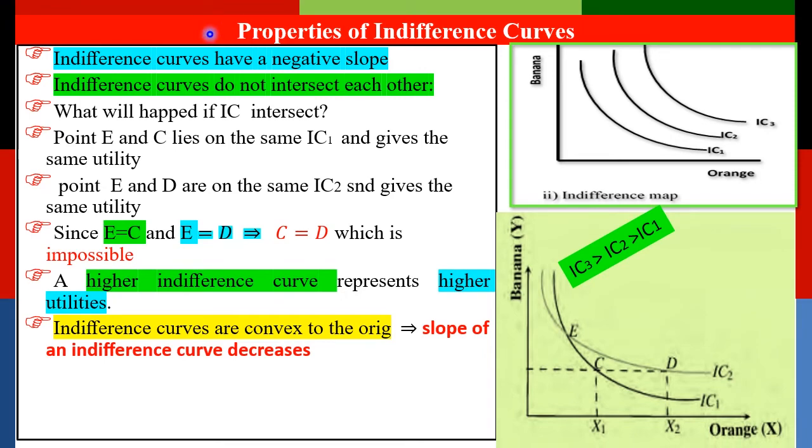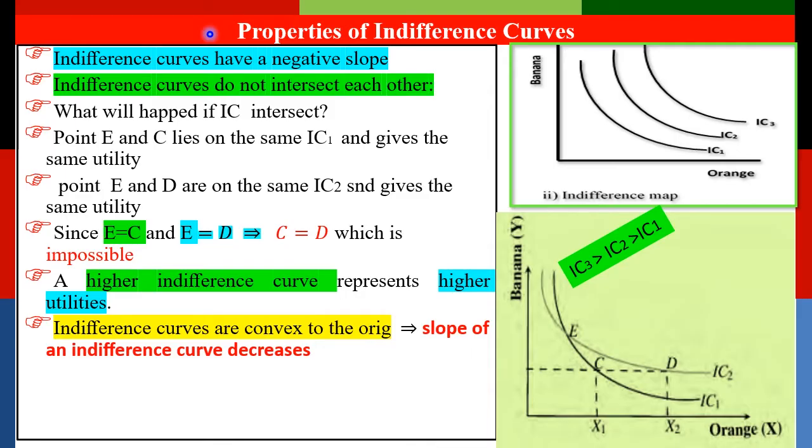As you know, last time we discussed the indifference sets, the indifference curves, and the indifference maps. And we defined each of them. The indifference set is a table that shows the various combinations of two goods which give the same satisfaction for the consumer.